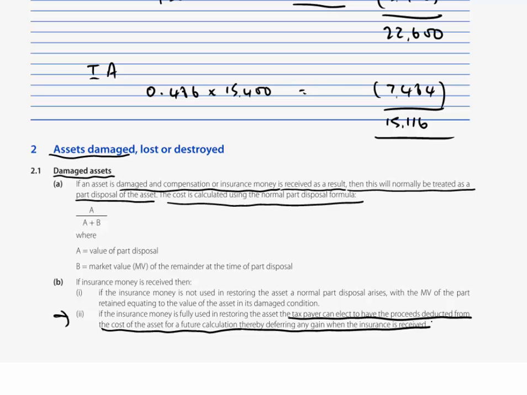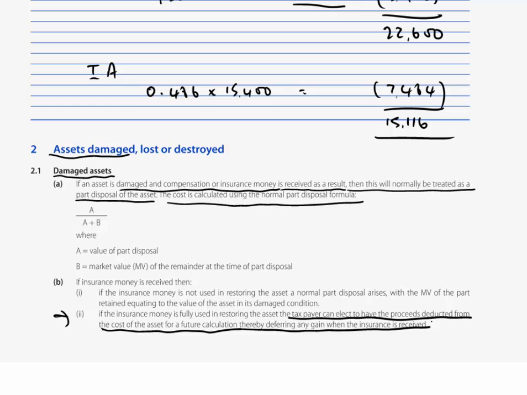So rather than taking the cash and putting it into a part disposal calculation, because you've used that cash in restoring that asset, that means that we're able to defer any gain that would have arisen. How do we do that? We're going to reduce the original cost figure by the amount of the insurance proceeds that we've used to reinvest in that repair of the property.